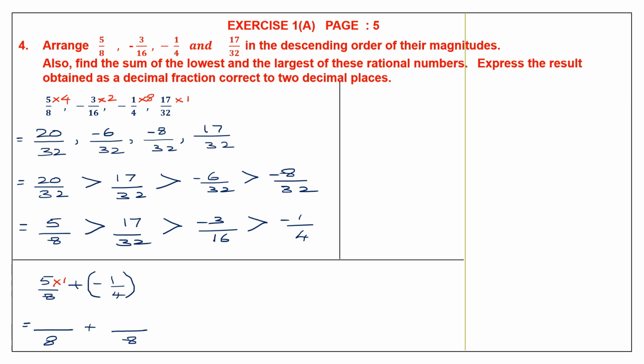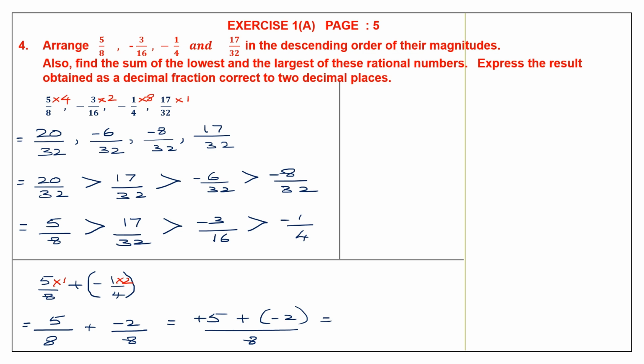We get the same thing, that is 5 by 8, plus here we have 4 into 2. So negative 1 into 2 is negative 2. So this is 5 plus negative 2, the denominator is 8. Now this is addition. Signs are different. We put the sign of the bigger number and we subtract.